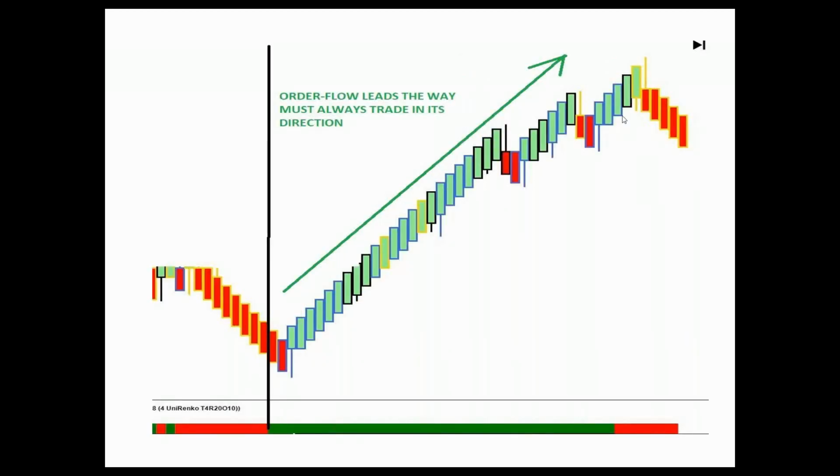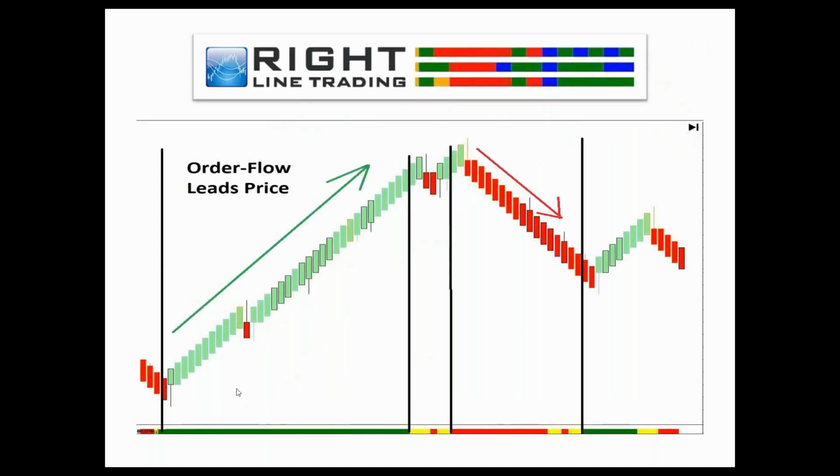Here's another example. You must trade in the direction of the multi-time frame assessment of order flow. And again, the bot will not trade on yellow, will only trade short on red, and only trade long on green.